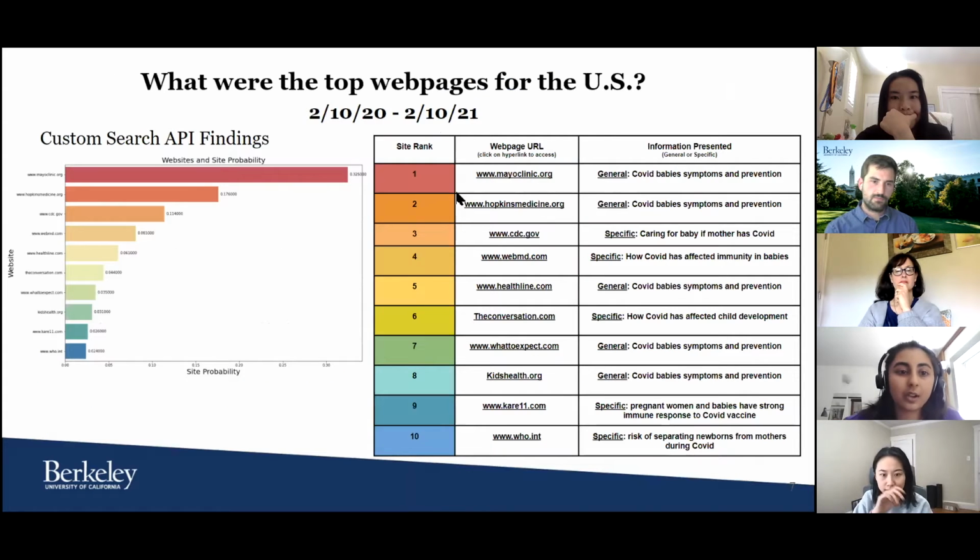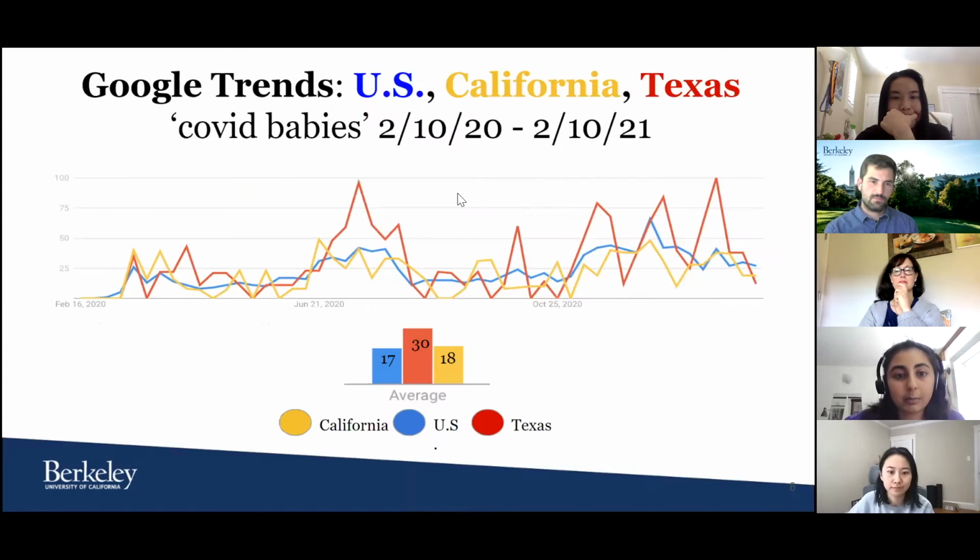And this is also our API findings. But before looking at Texas, we wanted to look at what the general interest over time for COVID in babies was in 3 different regions: California, the US, and Texas. And we found that Texas had a very high interest over time as compared to another big state like California, and also compared to the US as a whole.